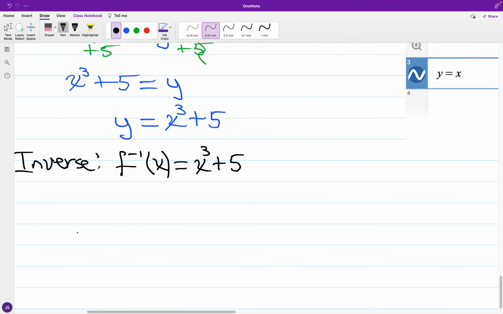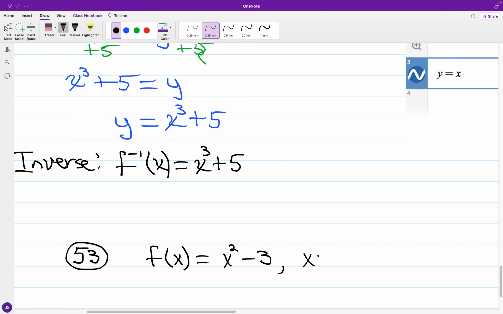And we have for number 53, f of x is equal to x squared minus 3, and we have that x is less than or equal to 0.